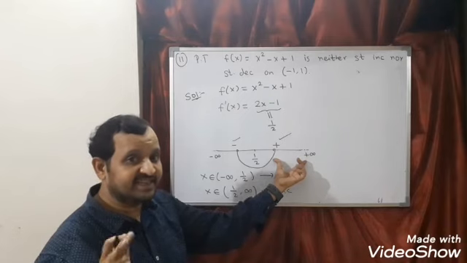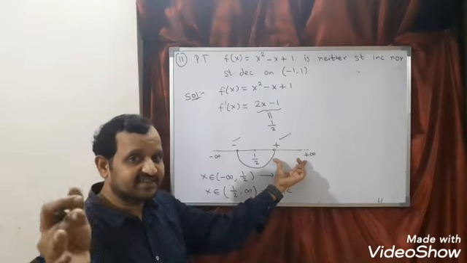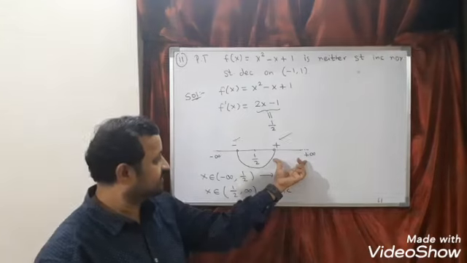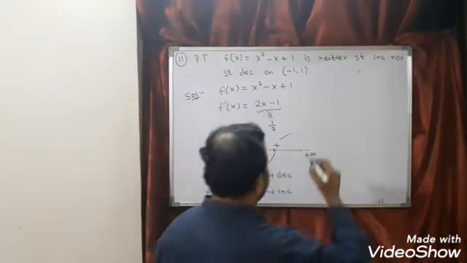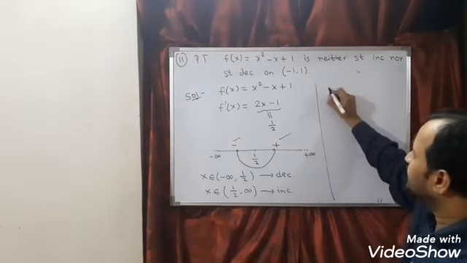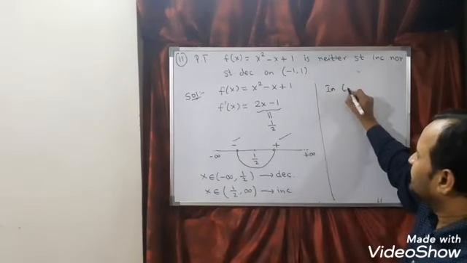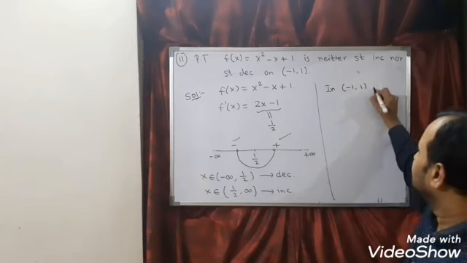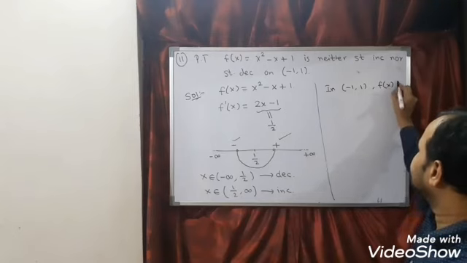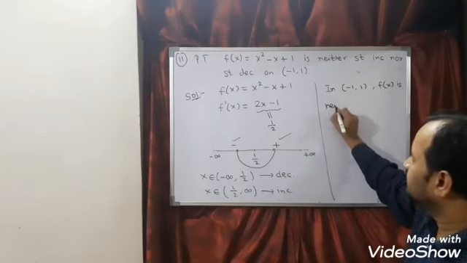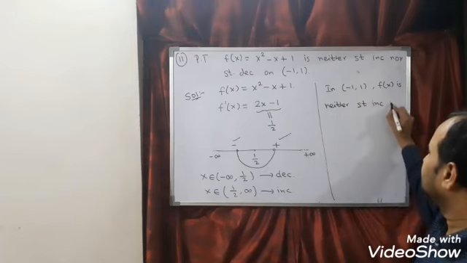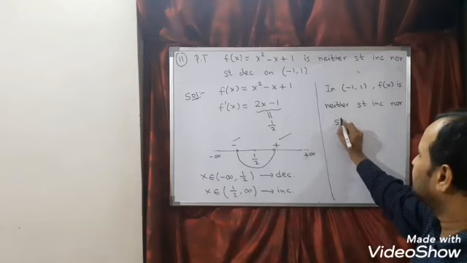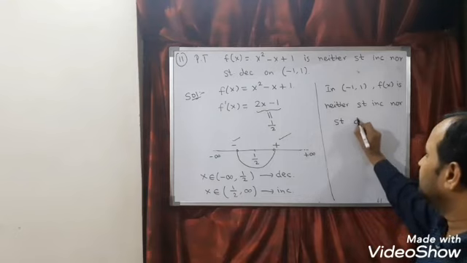So it is neither strictly increasing nor strictly decreasing. So in minus 1 comma 1, f of x is neither strictly increasing nor strictly decreasing.